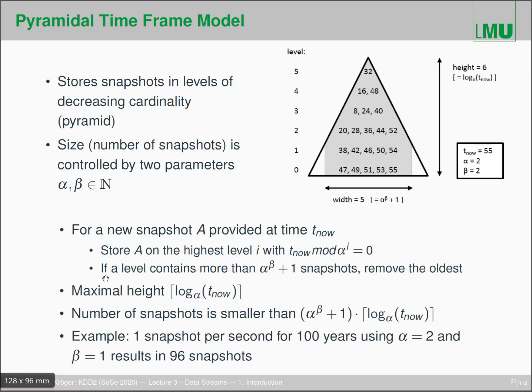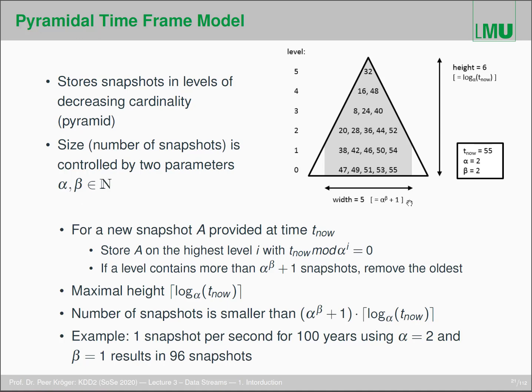And if a level contains more than alpha to the power of beta plus 1 snapshots, you remove the oldest one. So the width, the storage capacity of each level, is constrained by this alpha to the power of beta plus 1 constraint. So it is controlled by alpha and beta, as said before.